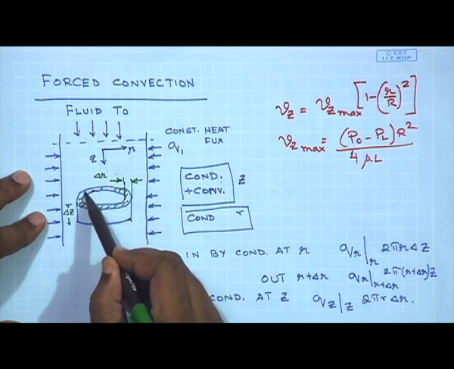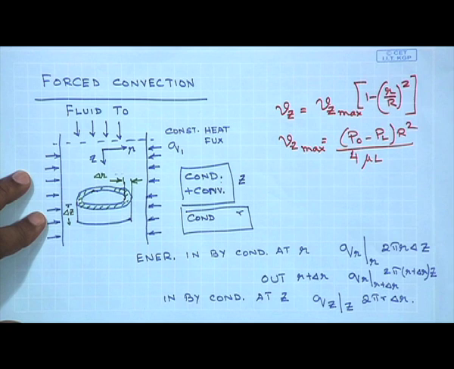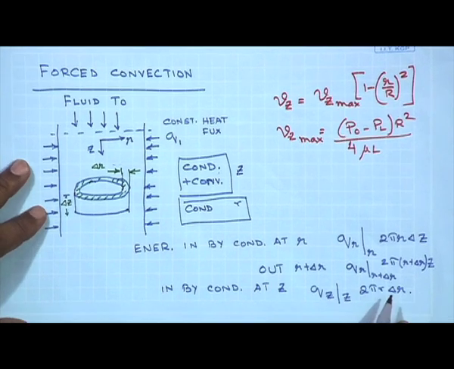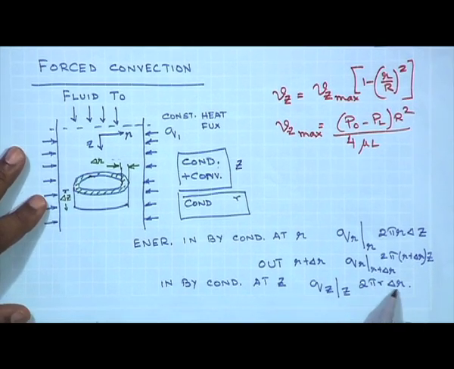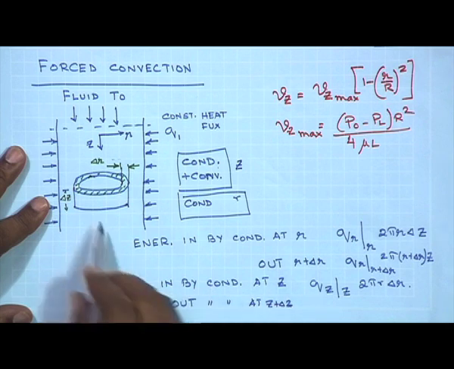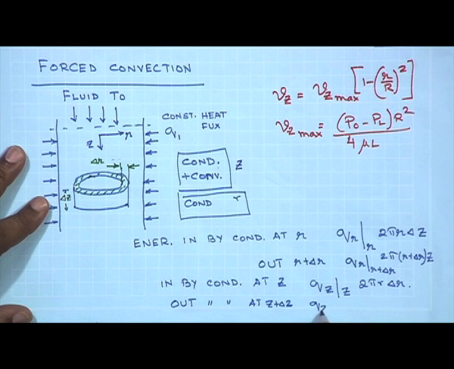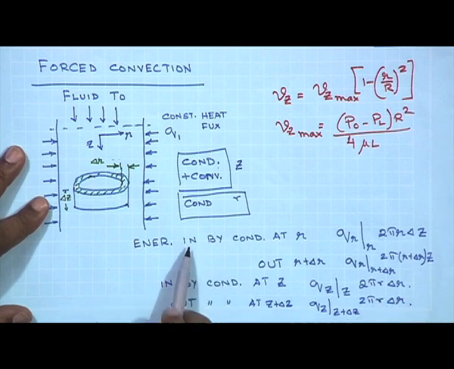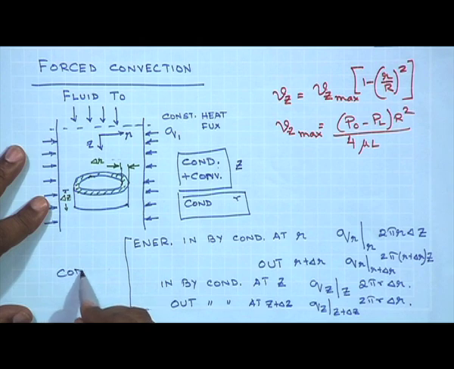The top annular area multiplied by the conductive heat flux in the z direction gives qz at z times 2 pi r delta r, and therefore out by conduction at z plus delta z would be qz evaluated at z plus delta z times 2 pi r delta r. So these are all four terms due to conduction.